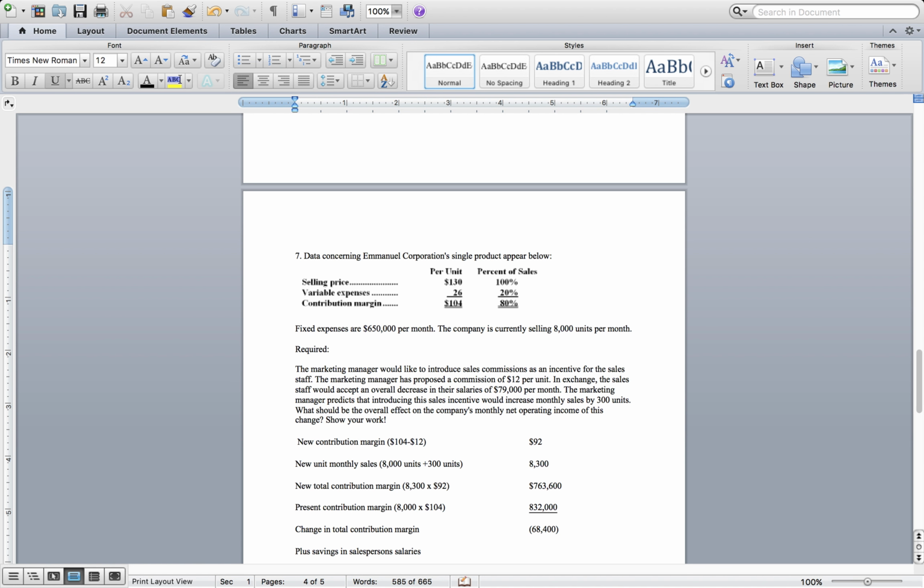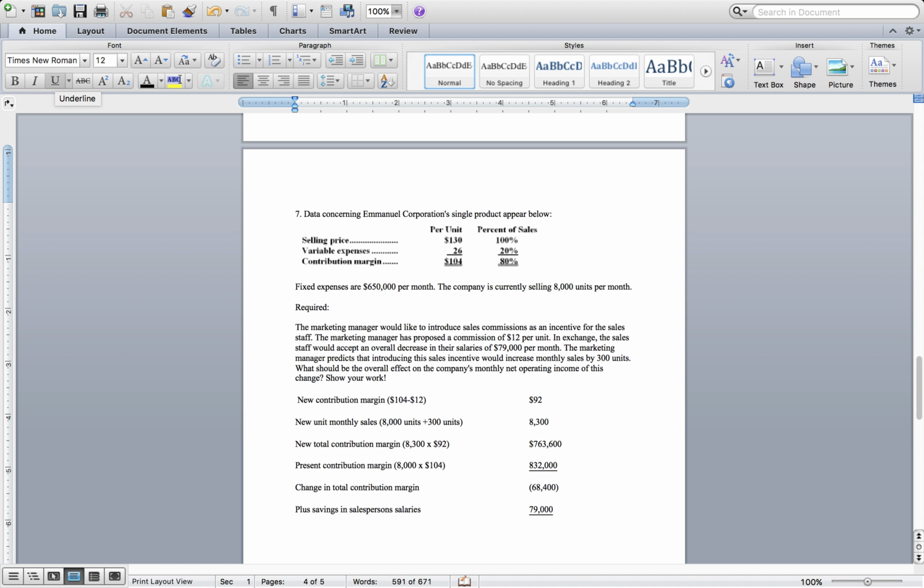Remember, now you have to pay them on commission, that'll be 79,000. So what is your change in net operating income? We see the change will be 10,600.